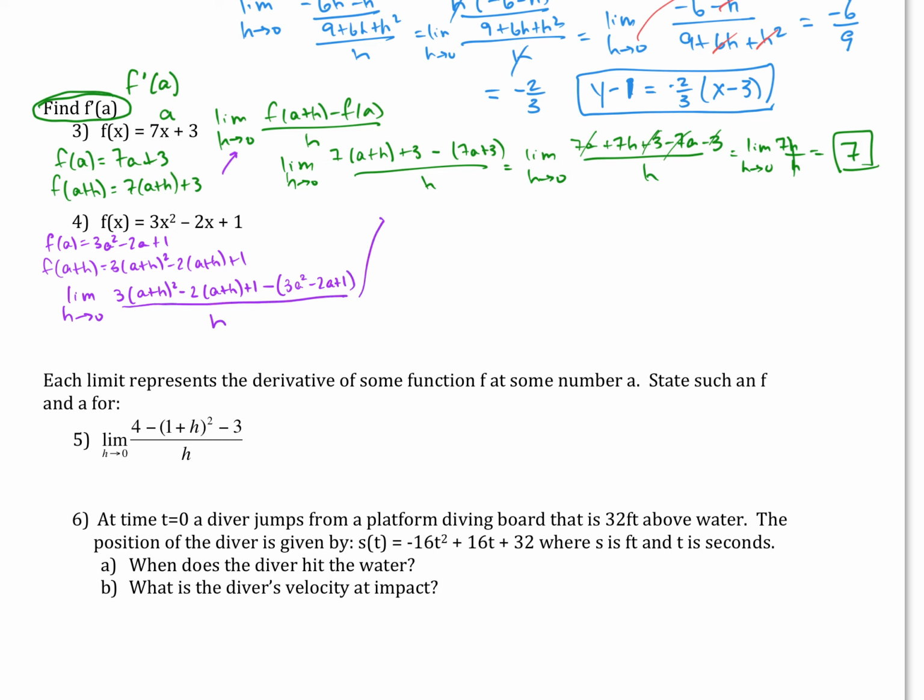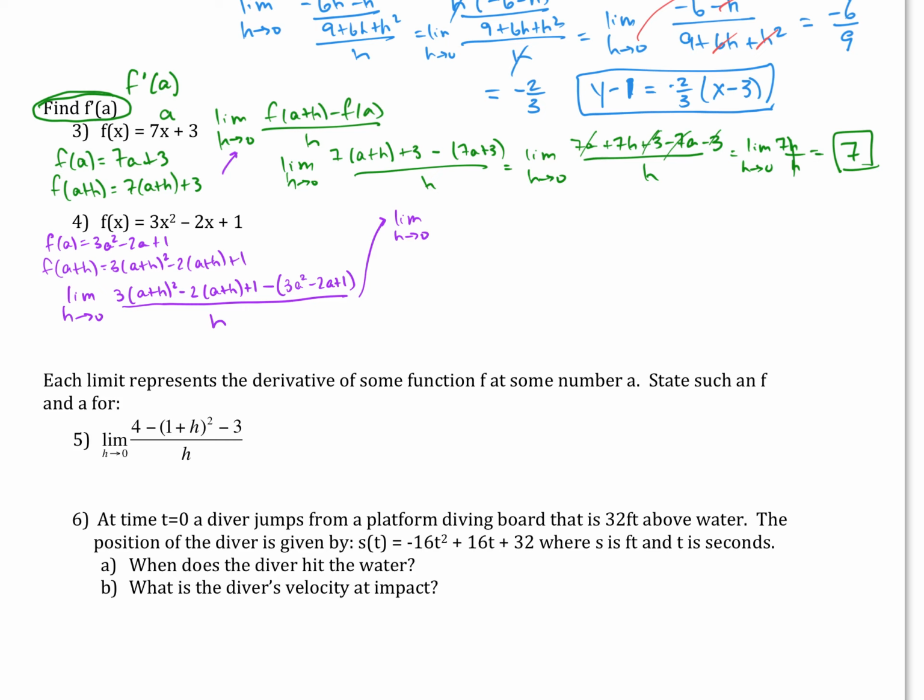And I'm going to continue this right up here because I need all this room. So the limit as h goes to 0. Now I'm going to FOIL this part out and combine some terms. And, well, let's just FOIL it out and start to clean up a little bit here.